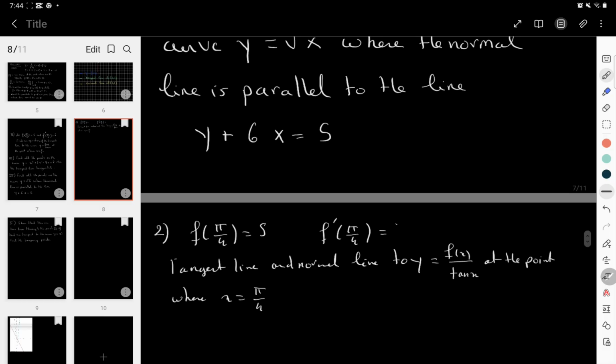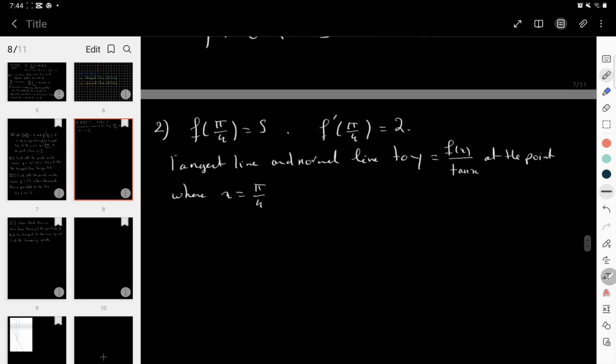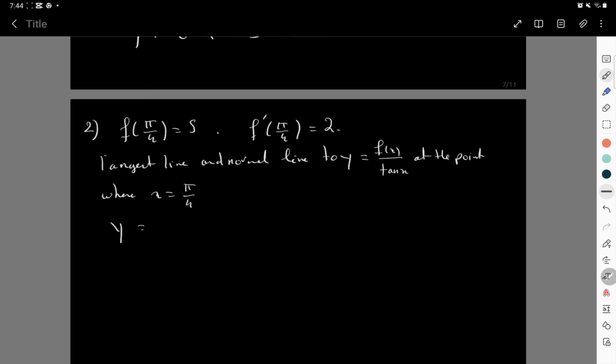Okay, great. Now, first of all, if y is equal to f of x over tan x, at pi over 4, the y value at x is equal to pi over 4 is just f of pi over 4 over tangent pi over 4.